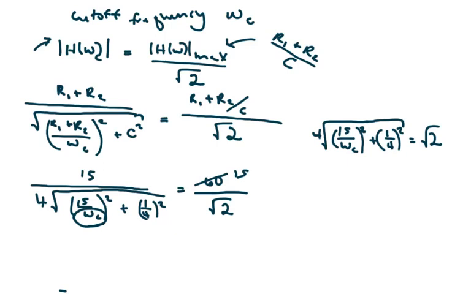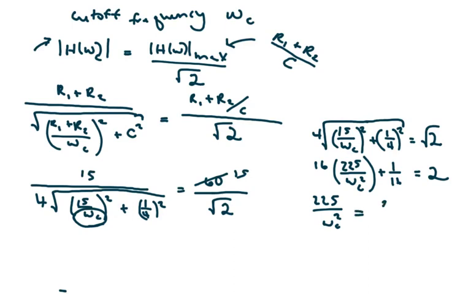Okay, square both sides. Okay, then I'm going to subtract and divide. And then I'm going to solve for omega C, and it equals 60. Remember, this is radians per second.